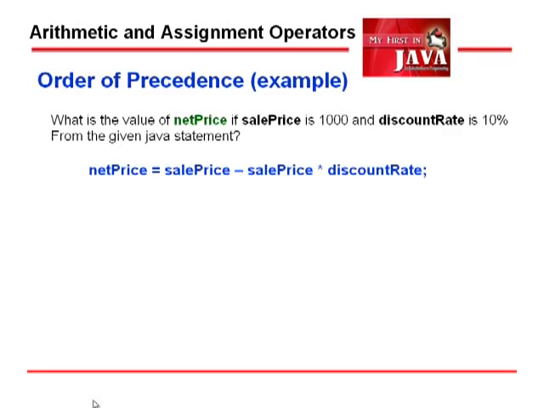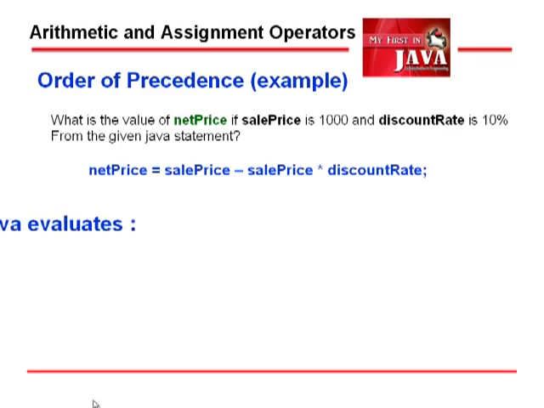So to understand the way order of precedence works, let's have a concrete example. What would you think the value of net price is if sale price is 1,000 and the discount rate is 10%? This would be our formula stated in Java. Net price is equal to sale price minus sale price multiplied by discount rate.